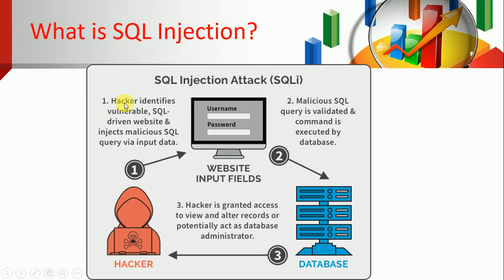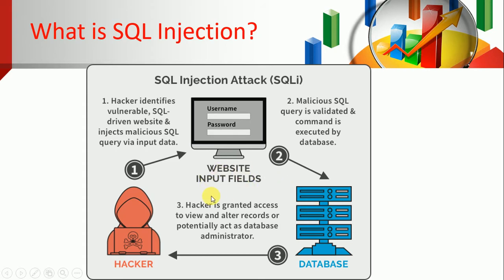The first step in SQL injection is that the hacker identifies vulnerable SQL-driven websites and injects a malicious SQL query with input data. It simply adds some malicious code in the username and password message. The second phase is that the malicious SQL query is validated and the command is executed by the database.